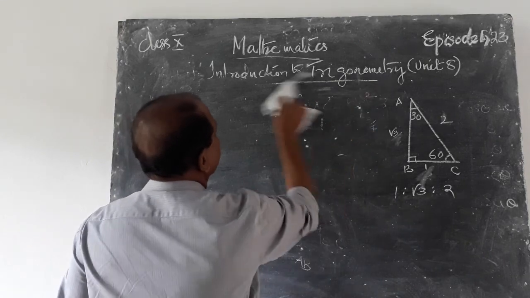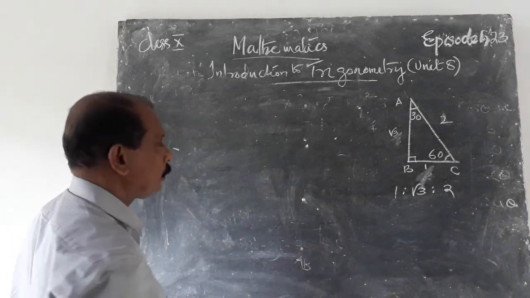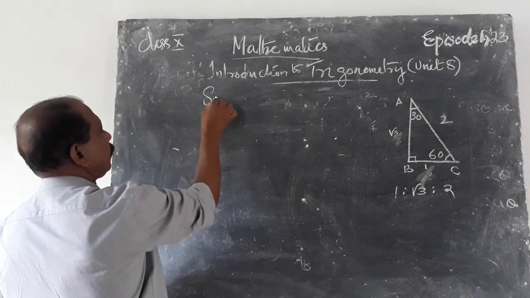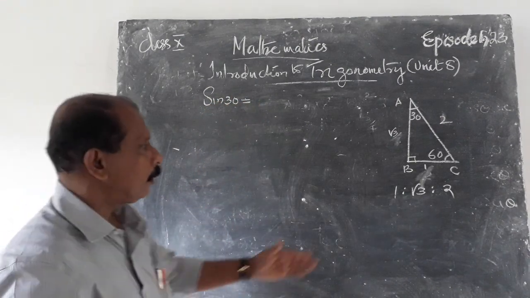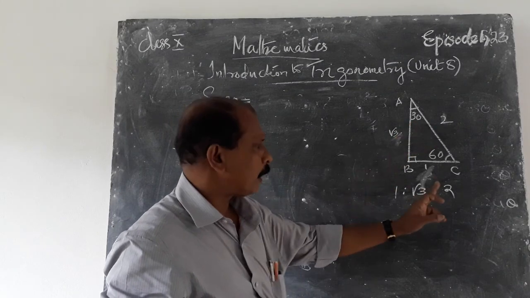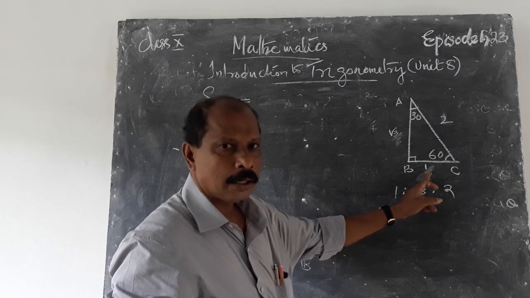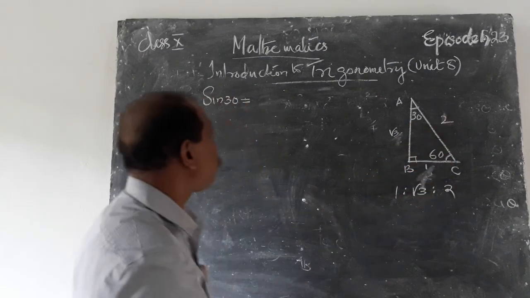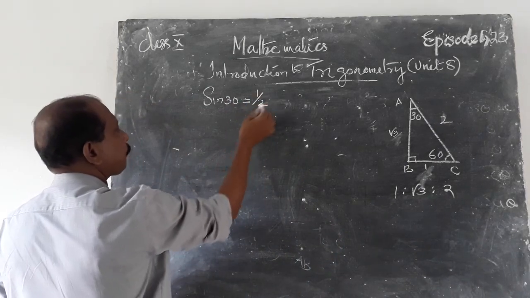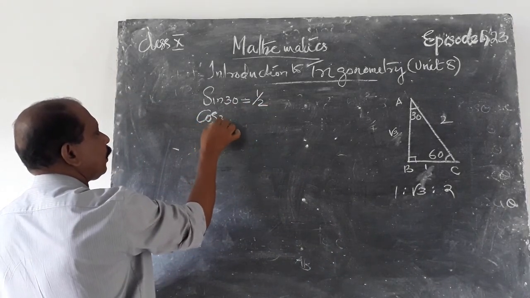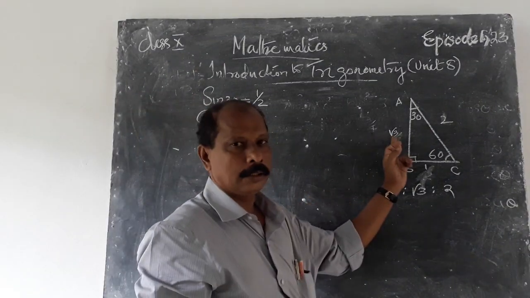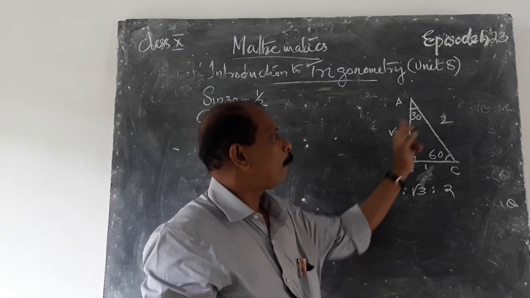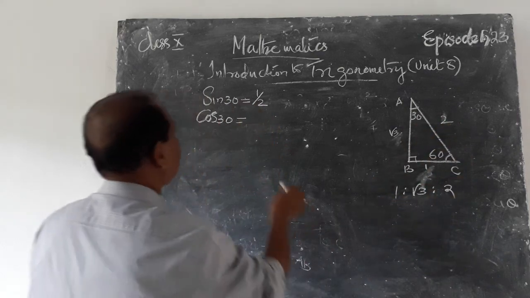Then, what is sine 30? Sine 30 is equal to, listen, for 30, the opposite side is 1, hypotenuse 2, therefore 1 by 2. Cos 30 is equal to adjacent side root 3 by hypotenuse 2, root 3 by 2.